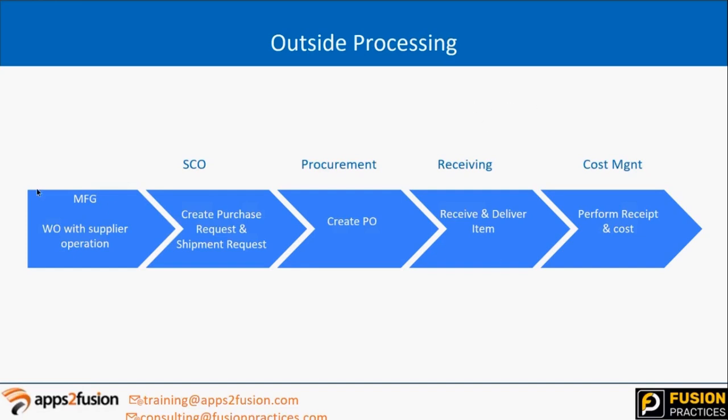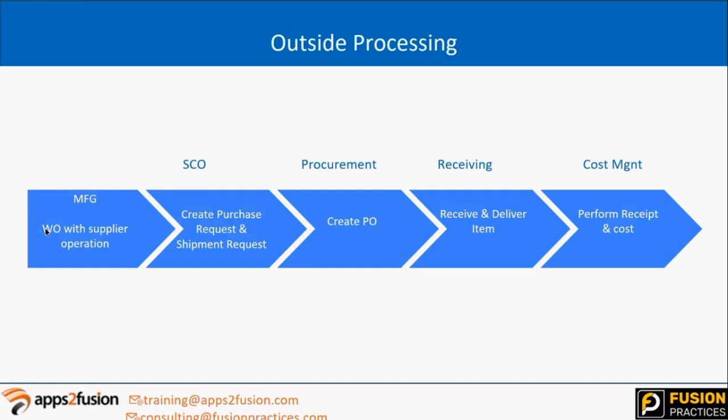The origin is the same, it could be a planning order or a sales order, but after the work order is created, based on when it executes the different operations in that work order, it sends the purchase request and the shipment request to the outside processing vendor. That's when it creates the purchase order.